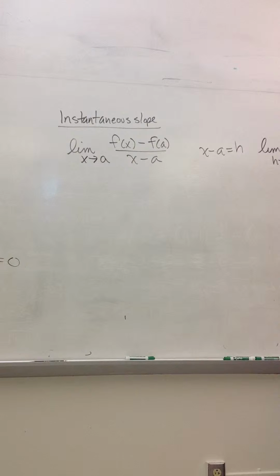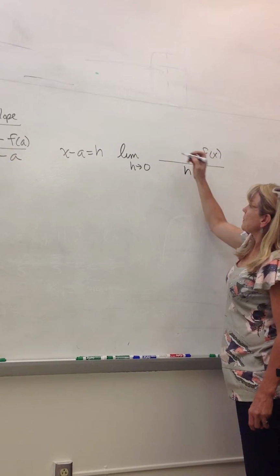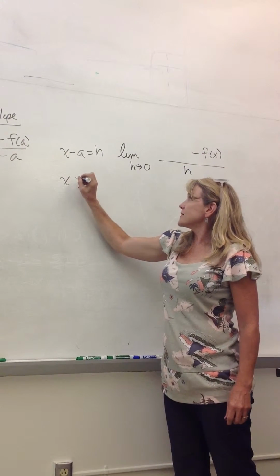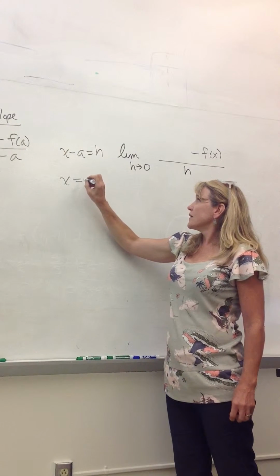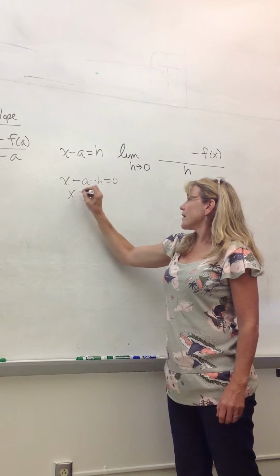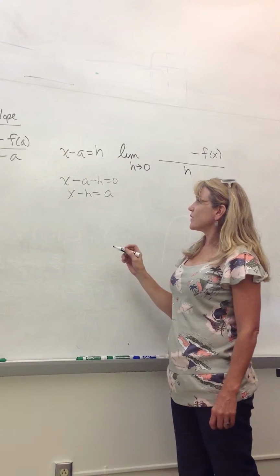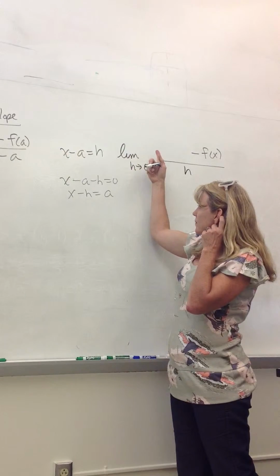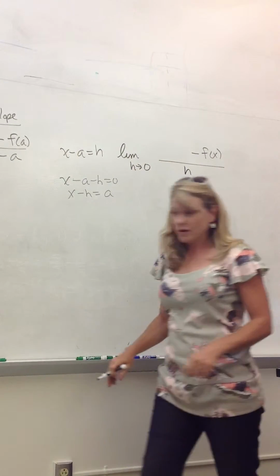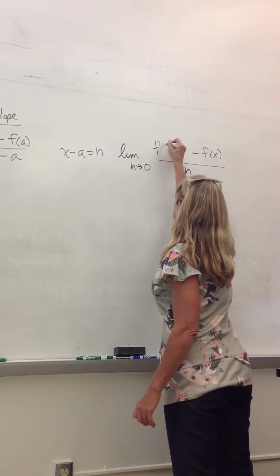And in the denominator here, I would have h, and then I would just leave this f of x, and if x minus a equals h, then x minus h equals a, I guess. You could always write it around. Usually they put the x plus h in the front part of it. I'll write it the way that they usually have it written.